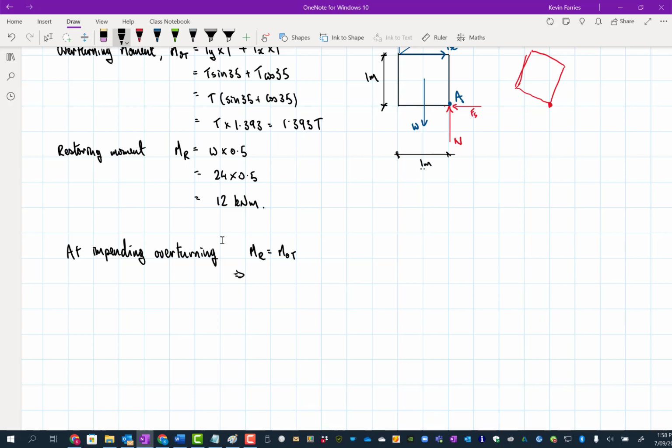So that means that 1.393 T will be equal to 12. Therefore, T will be equal to 12 divided by 1.393, which is equal to 8.614, or 8.615 actually for rounding, kilonewtons.